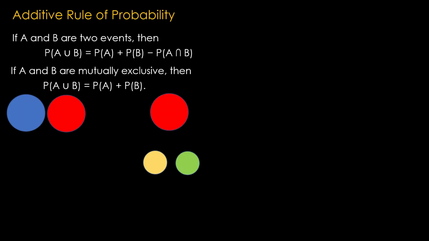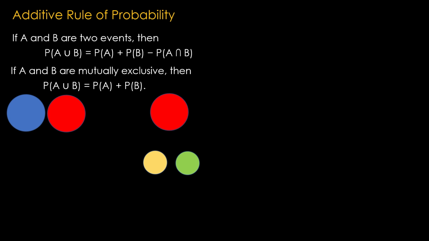Next, this is the additive rule of probability. If A and B are two events, okay, therefore the probability of the union, okay, in our Venn diagram, right, we related the union, intersection, and complement using our Venn diagram.